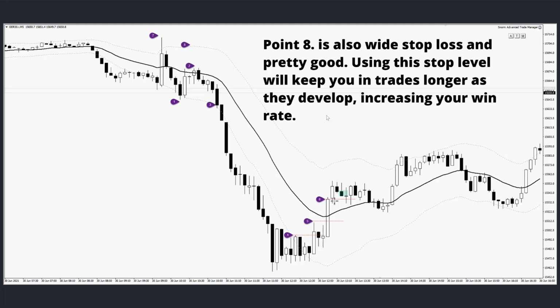Point 8 is also a wide stop loss, and it's pretty good. Using this stop loss will keep you in trades longer as they develop, and this will increase your win rate. So sometimes you have pullbacks like this, 1, 2, 3, a simple pullback.